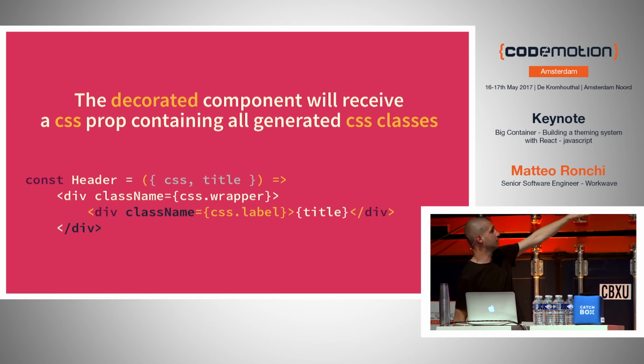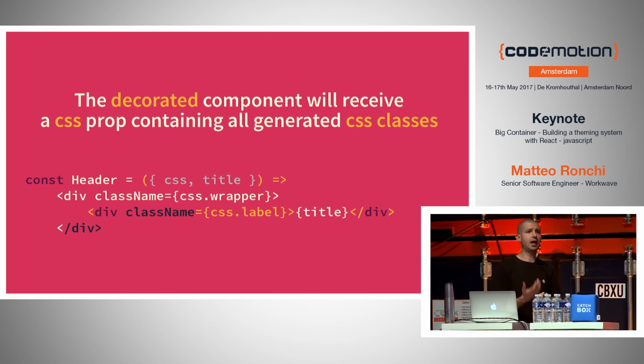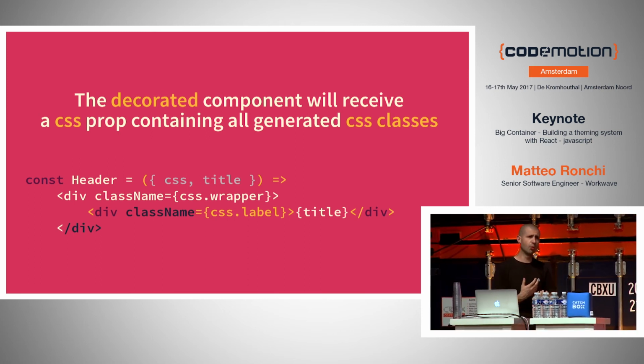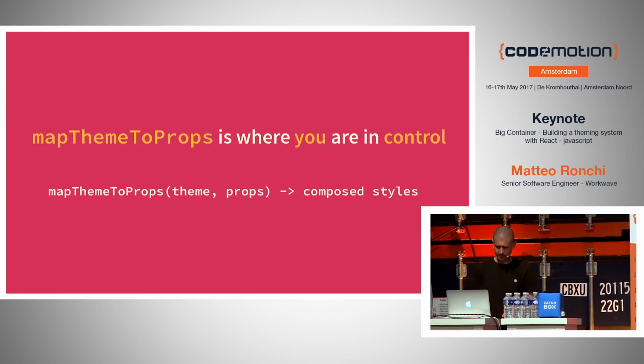That way, we are using CSS wrapper for the outer div and CSS label for the label rendered. And that information will never change until our own component changes. And in the style part, we can simply change what rules are applied to those classes.